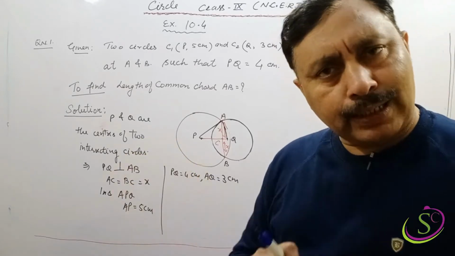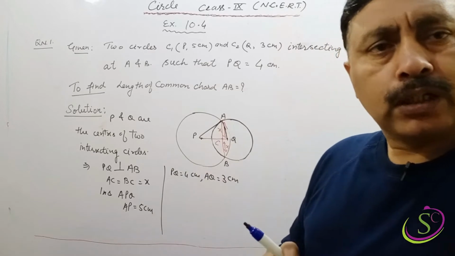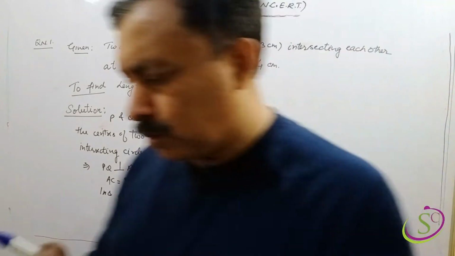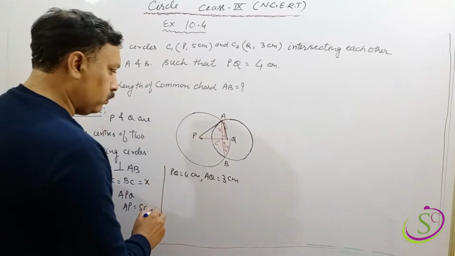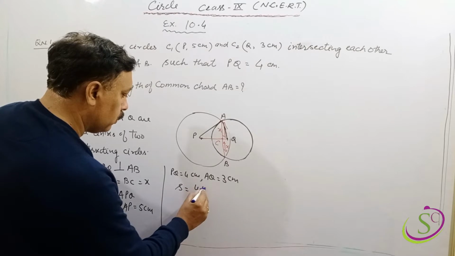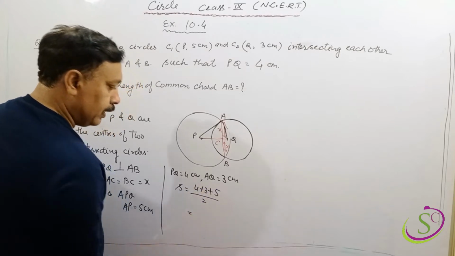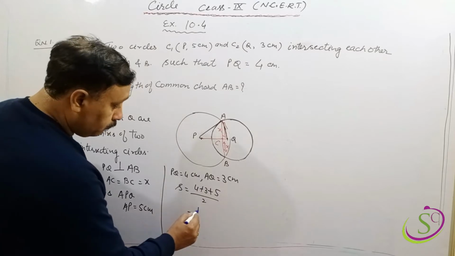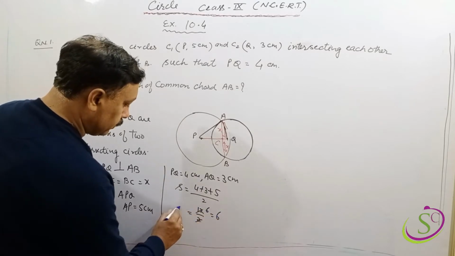So we can find the area of this triangle APQ with the help of Heron's formula. So now we are finding the area of triangle APQ using Heron's formula. So here s equal to 4 plus 3 plus 5 upon 2, that is 12 upon 2 or 6.